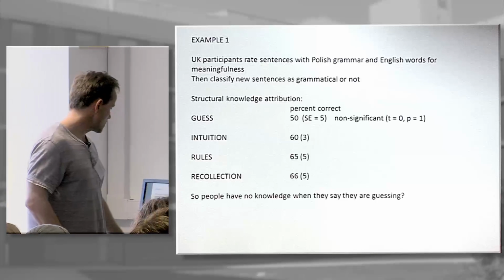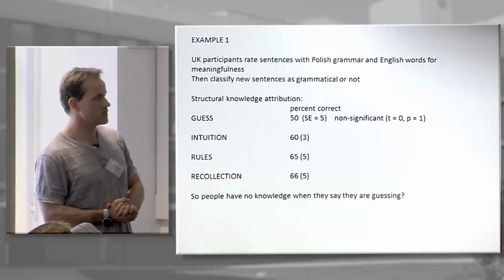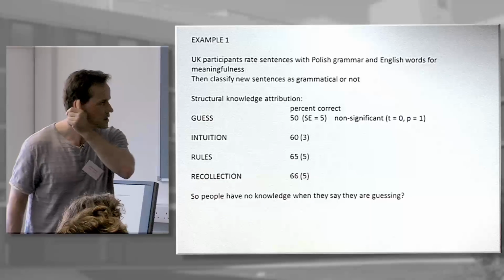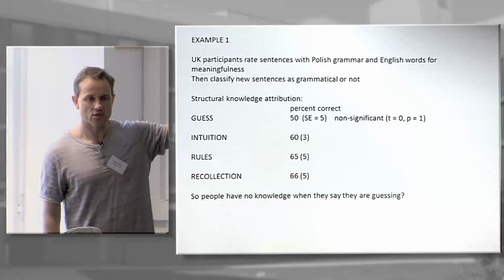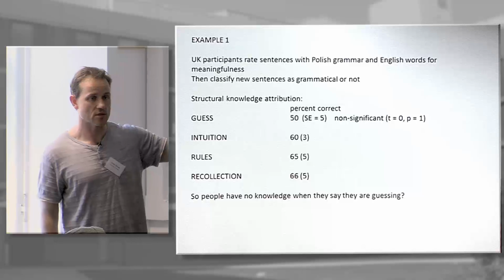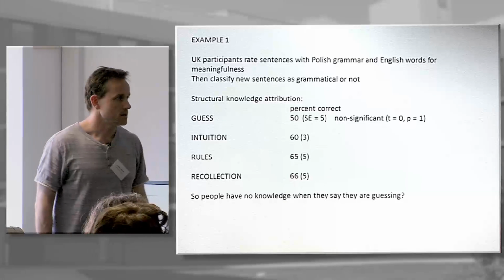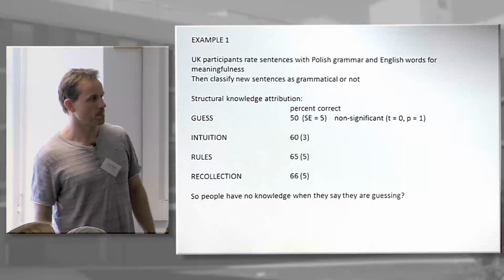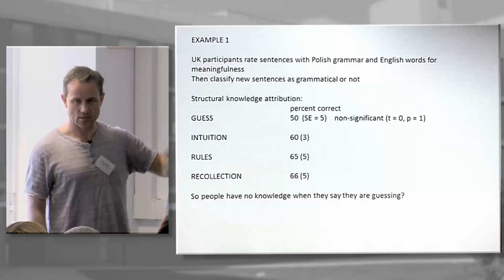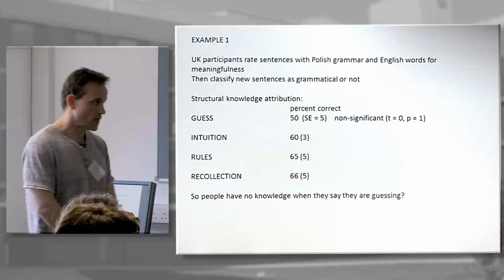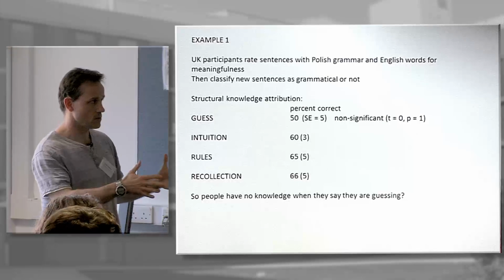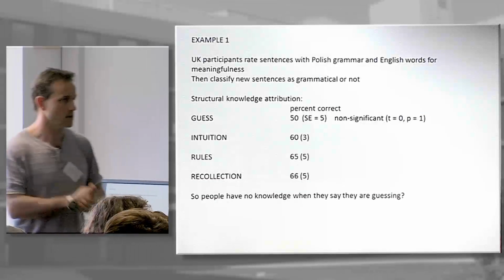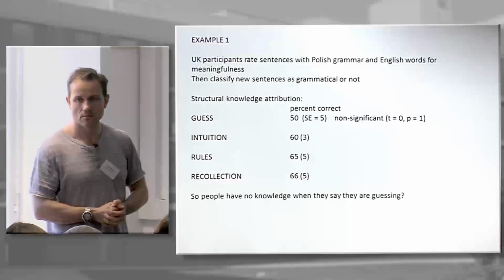And then you find the percent correct on each of them, and you find that they're all significant except for guess, and indeed they're 50% correct on guess, 50% being chance. The temptation would be to say they're at chance on guessing. So they don't have any genuine knowledge of grammaticality when they say they're guessing.